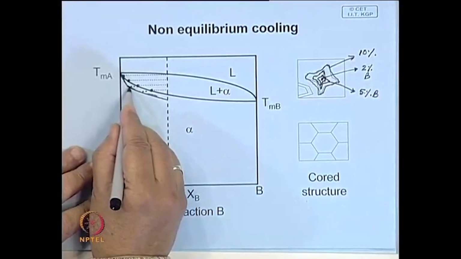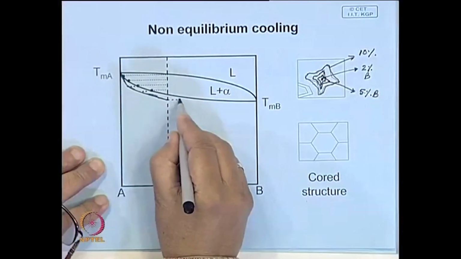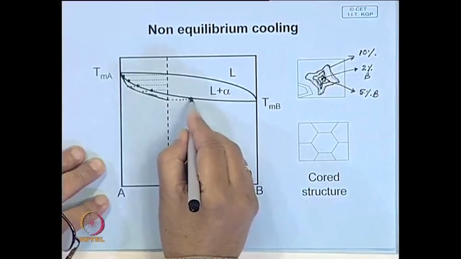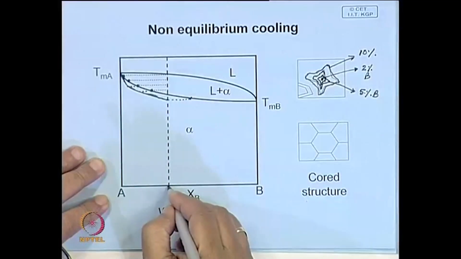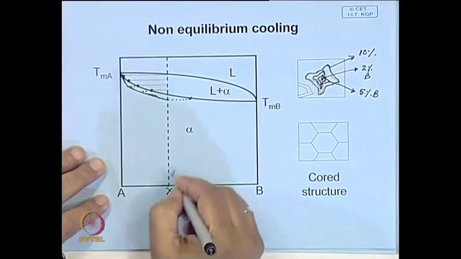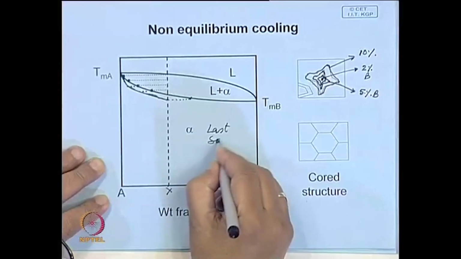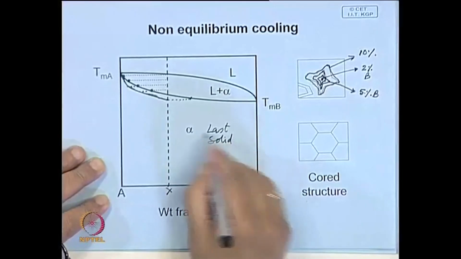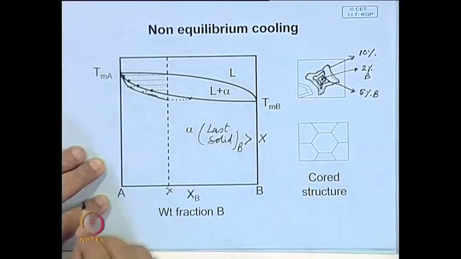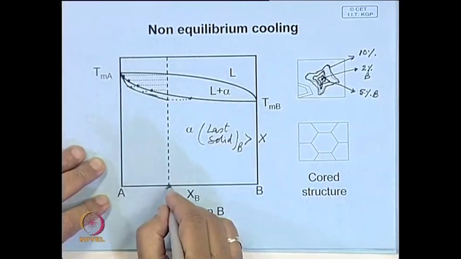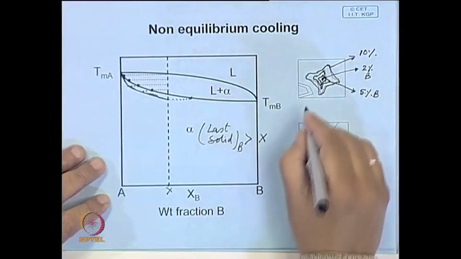Therefore, the average line follows this, and the last liquid which solidifies here will have a composition which is richer than even the last solid, will have more B. So, B in the last solid will be greater than the average composition of the alloy, and this phenomenon is known as coring.